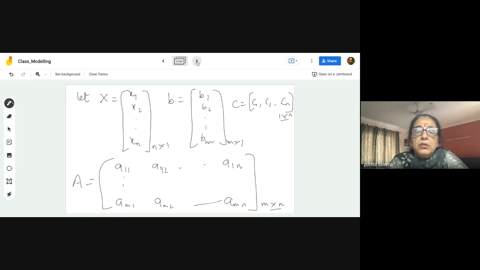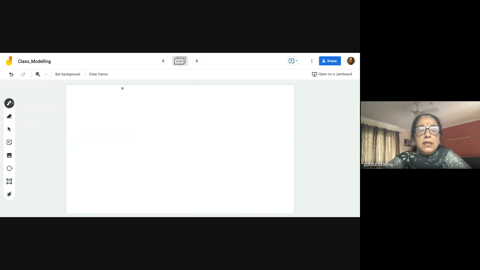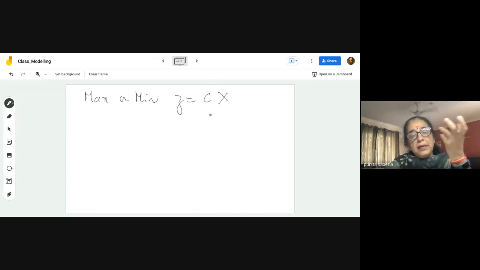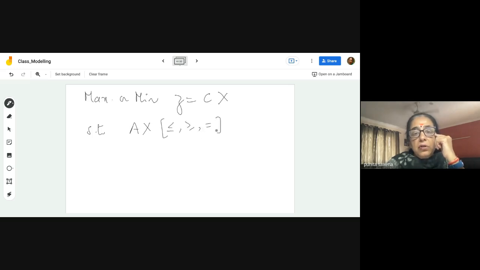Now I want to write the problem as maximize or minimize Z equals Cx. Of course, I can write C and X this way provided this product Cx exists. Subject to Ax, and I have three options: it can be less than, more than, or equal to B, along with the non-negativity restrictions.